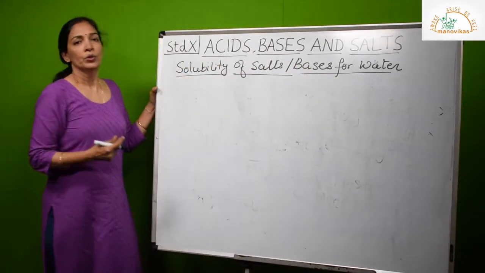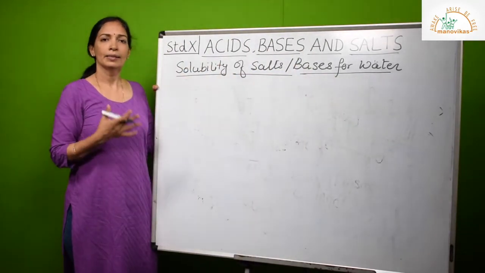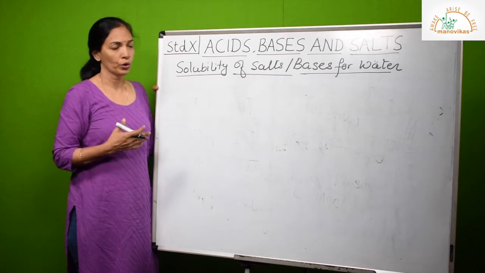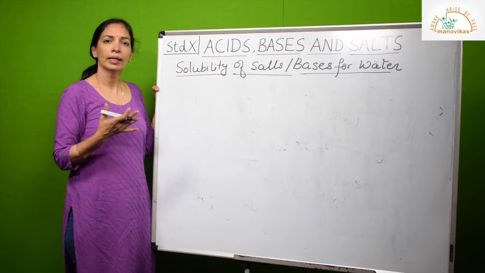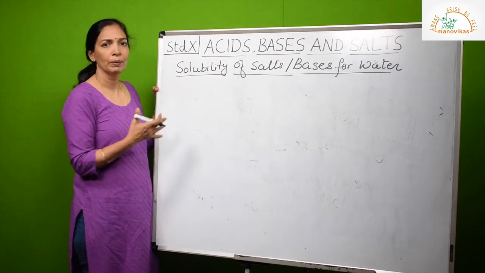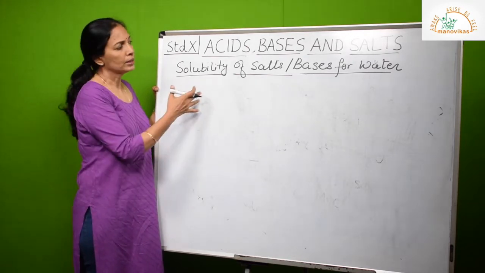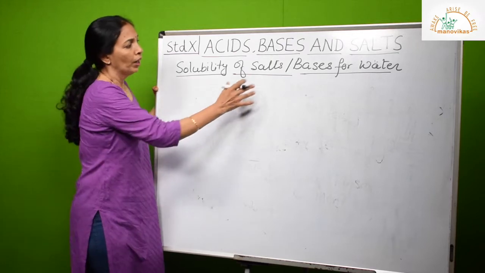Okay, so whether the given salt or base is soluble in water or not. So which salts and bases are soluble in water, which are insoluble in water, the table is given in your book. This is what I am going to teach.